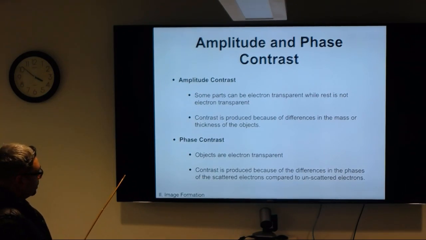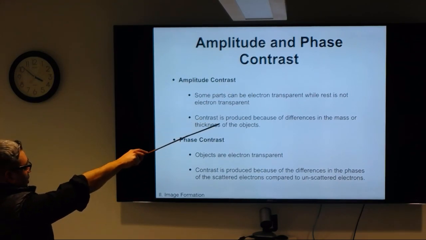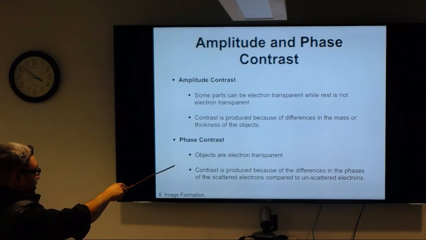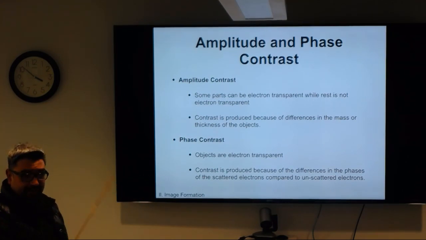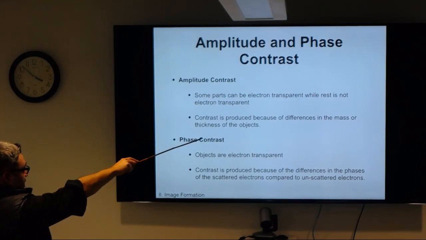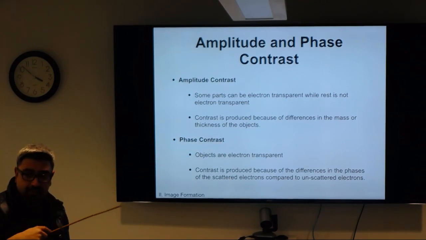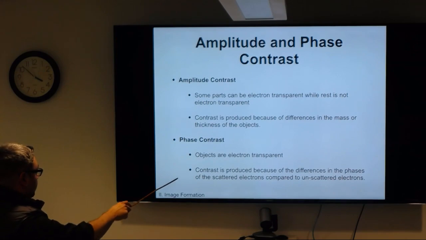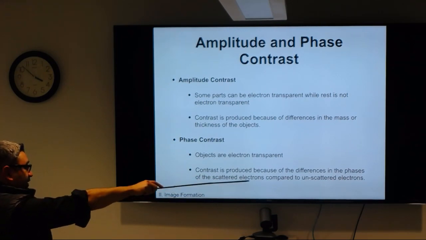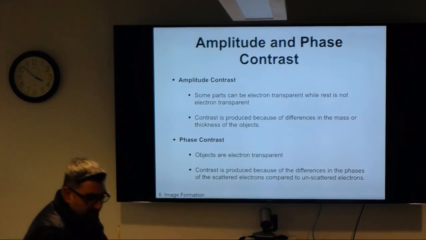The difference is that in amplitude contrast, some parts can be electron transparent while the rest is not, whereas in phase contrast, the objects are electron transparent. Another difference: amplitude contrast is produced because of differences in the mass or thickness, that Z which I mentioned earlier, whereas phase contrast is produced because of differences in the phases of the scattered electrons compared to the unscattered.